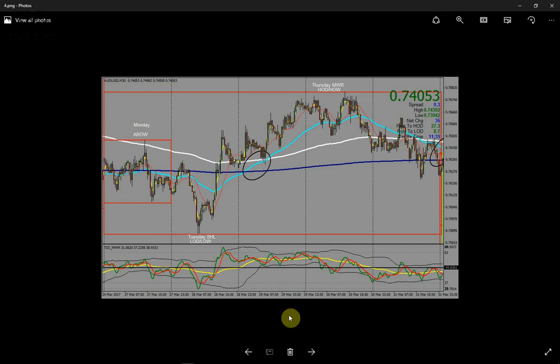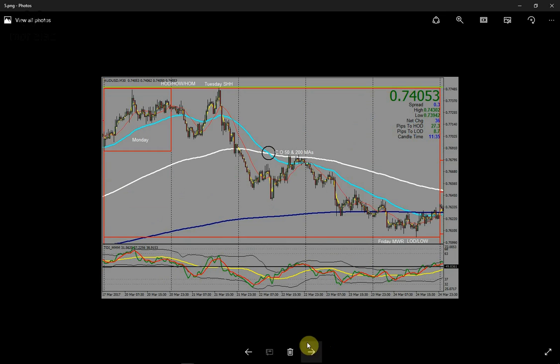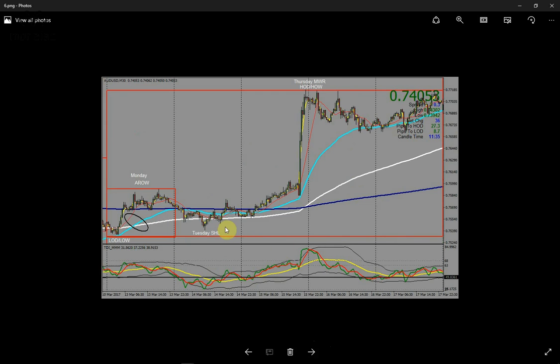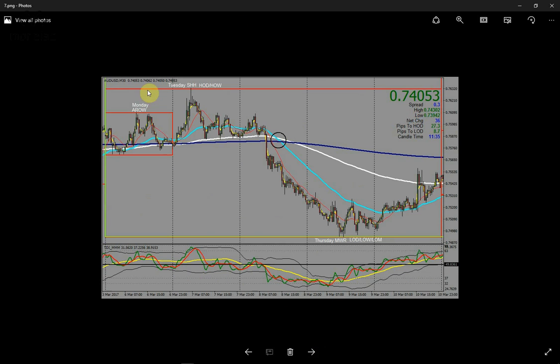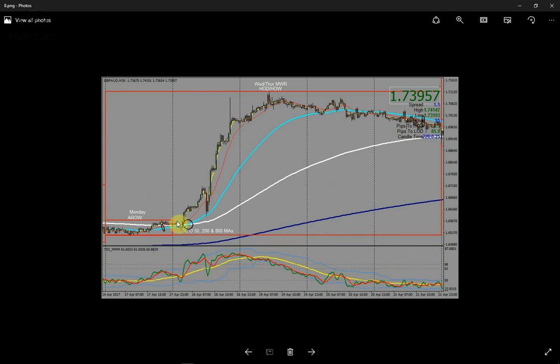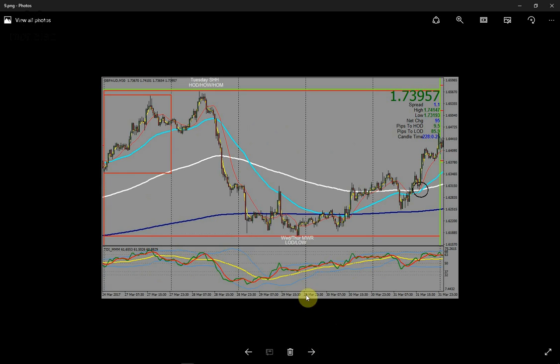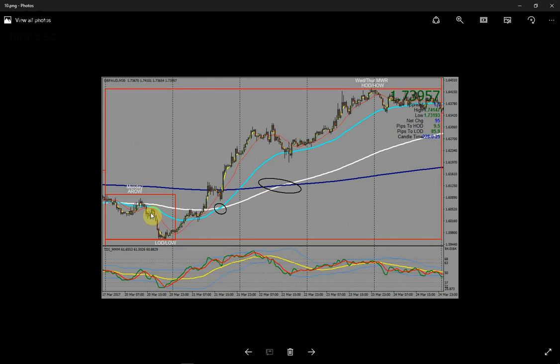Monday accumulation, Tuesday stop hunt, long sustained run, accumulation, stop hunt, long sustained run, accumulation, shallow inside structure, stop hunt, long sustained run, accumulation, stop hunt, long sustained run, accumulation, no stop hunt whatsoever, breakout coming to retest the previous resistance and support, then long sustained run.